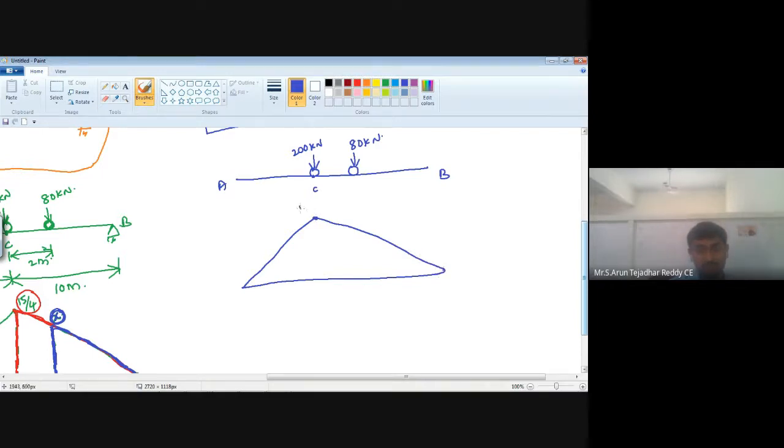Here this value is 15 by 4. And here, we just now calculated x is equal to 3. Now I need the final bending moment value.